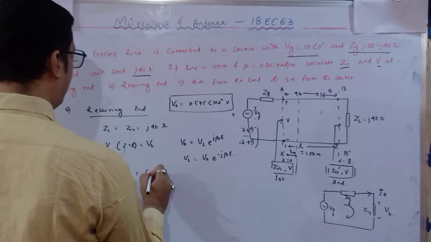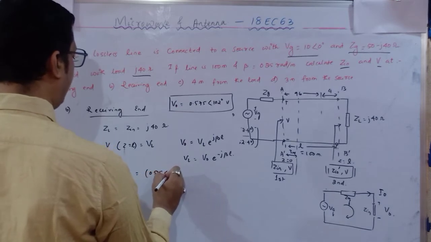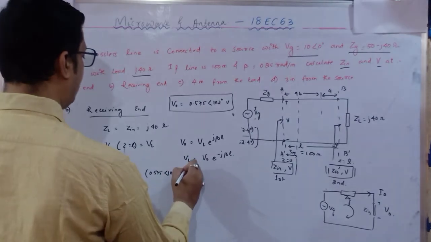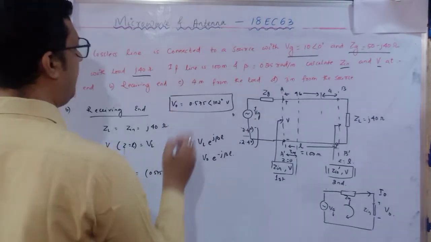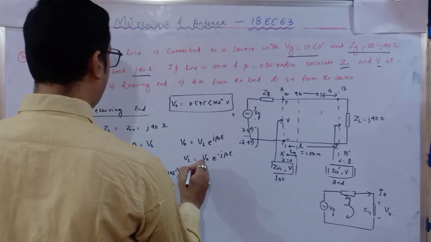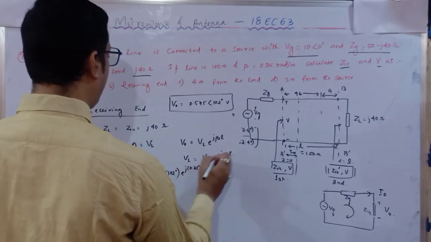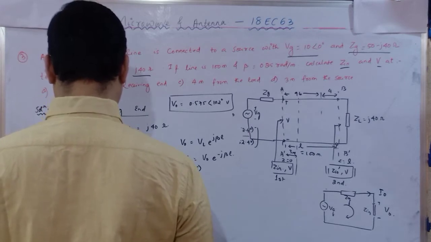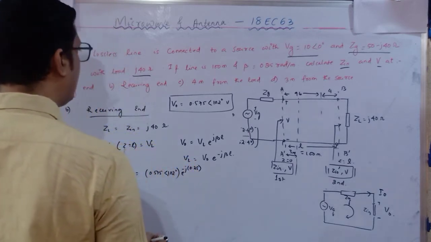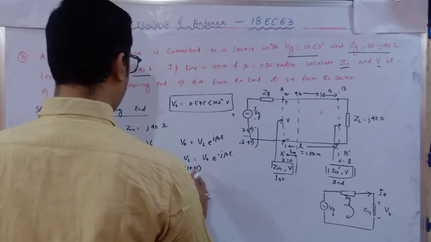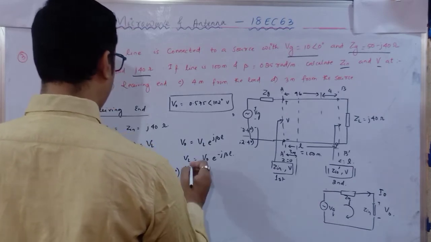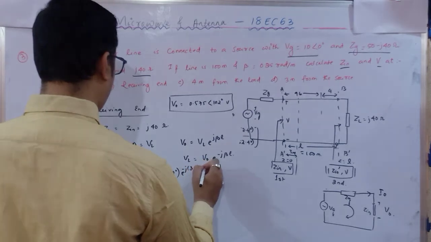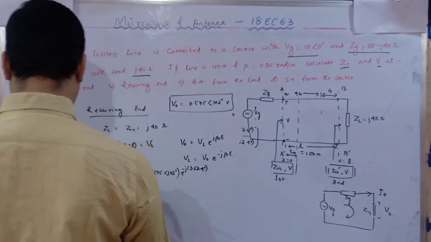So here it is 0.575 angle 102 degree e to the power j, beta value 0.25, and the length is 100. The beta L term we already determined, that is 352.4 degree. You only need to solve it.